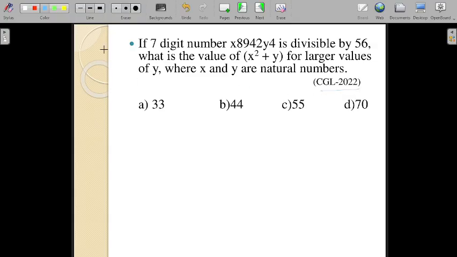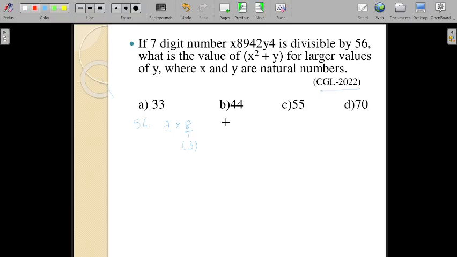Let's check. 56 is the multiplication of 7 into 8. That means the given number should be divisible by both 7 and 8. Let's check with 8. For larger values, he said, right? 8 means the last 3 digits.